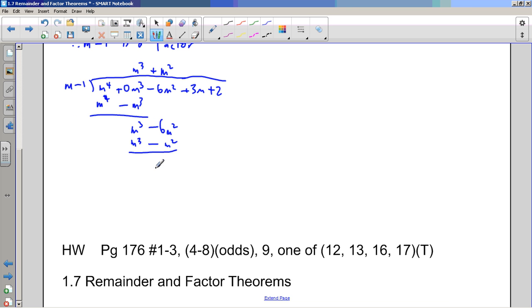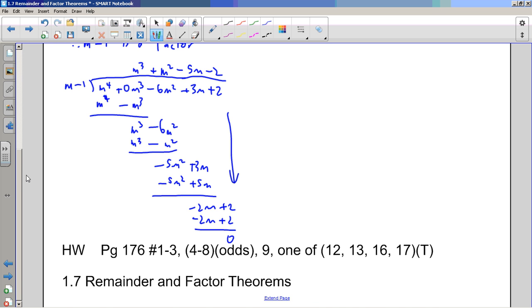Subtract, watch your signs. But I do know one thing that's nice is that I know it's got to work out, right? Minus 5m plus 5m. Subtract, and I get minus 2. The 2 comes down. And yep, it's going to work. Awesome.